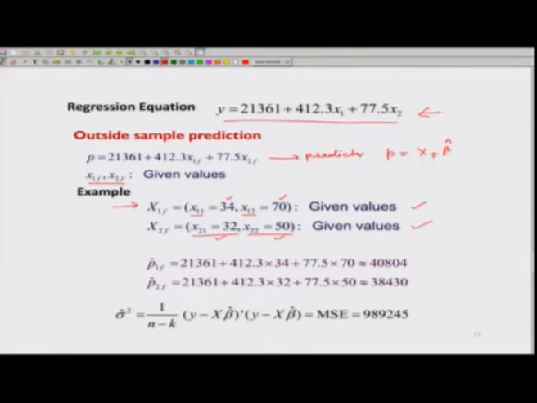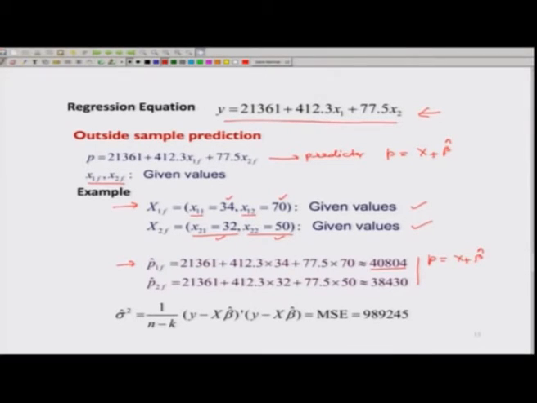So, now using the predictor y is equal to xf beta hat, I have obtained these two values over here after making some elementary calculations. So, I can say now from the first value that when the temperature is 34 degrees and the humidity is high, say up to 70%, then the demand of water is going to be 40804 thousandths kiloliter.